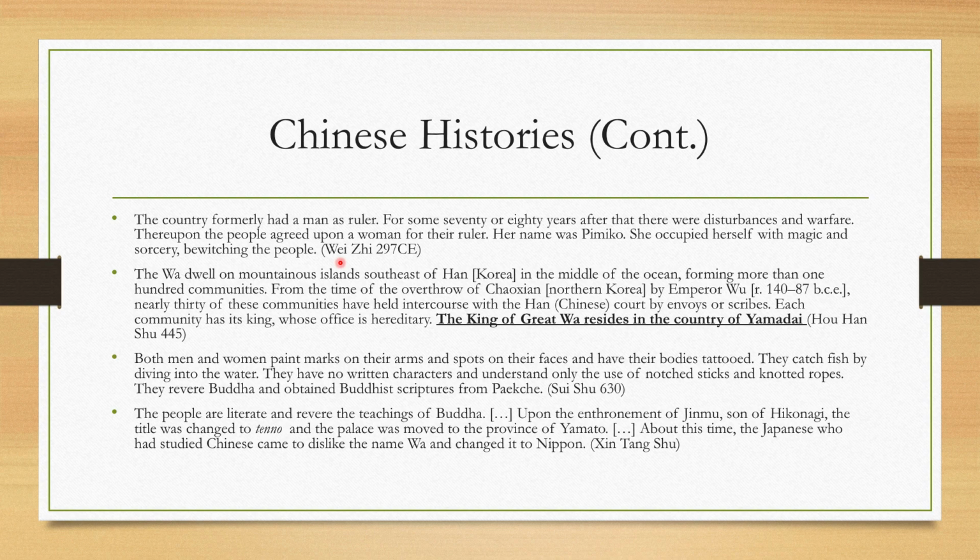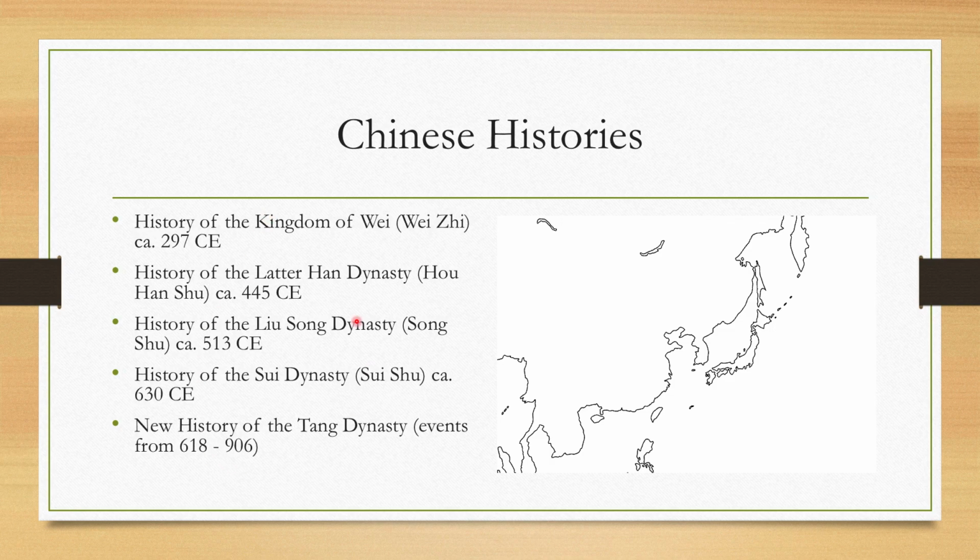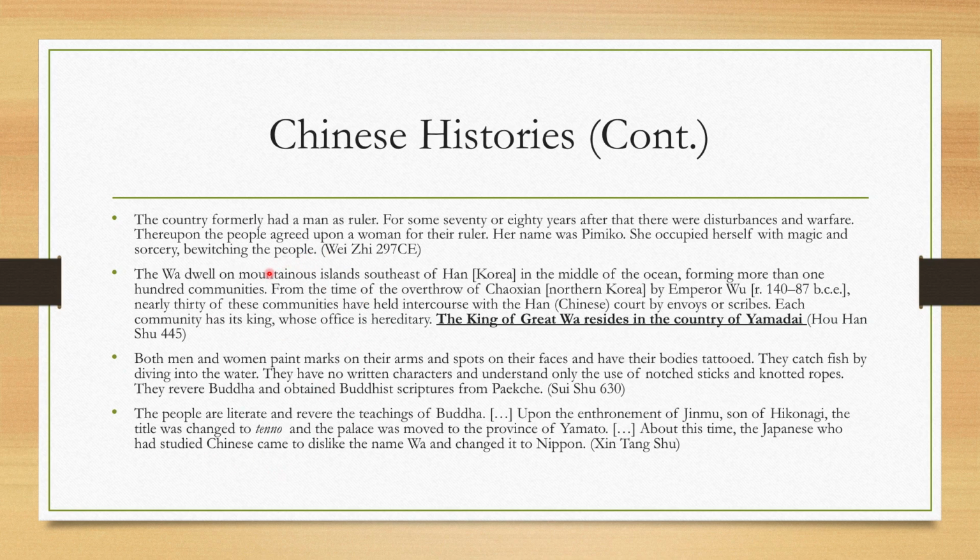So one of them is from the history of the Wei kingdom, or Wei dynasty. And now these are going in chronological order as well, and I've just pulled some quotes out from these different Chinese histories here. And we can get an image at least of how early Japanese society was developing and changing at this time.